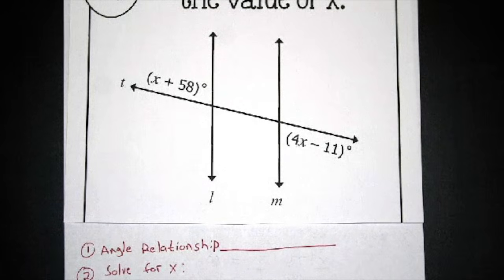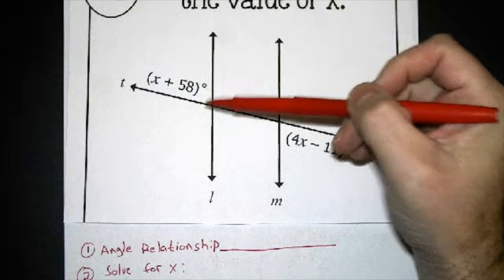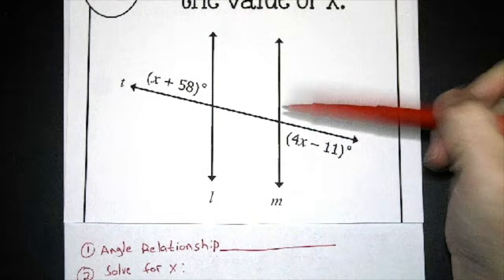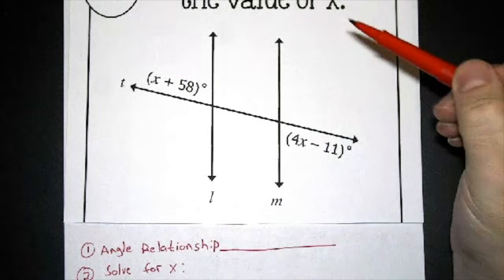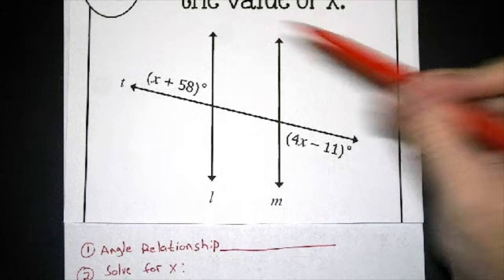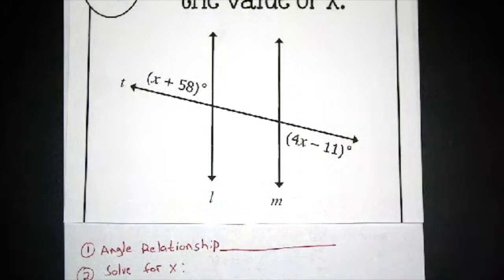So in number 4, it's telling us that line L and line M are parallel, so T is our transversal, and we need to find the value of x. So I want you to enter in your answers for what angle relationship would you use, and then I want you to solve for x.